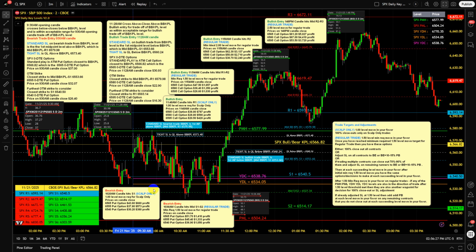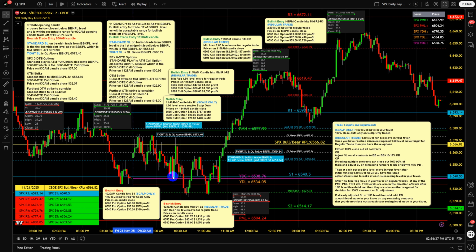Okay, so here on the 10:20 a.m. candle, on this candle it hits the S1 level, as you can see here, and this is your one level move in your favor, one level from the SPX bull bear key price level to the S1 level, that is one full level.